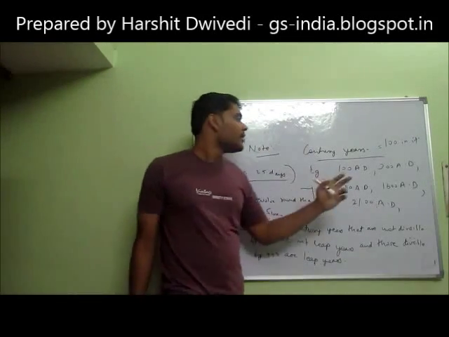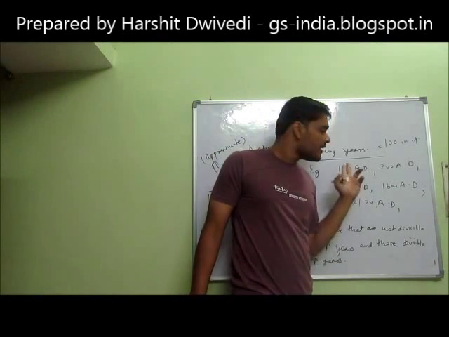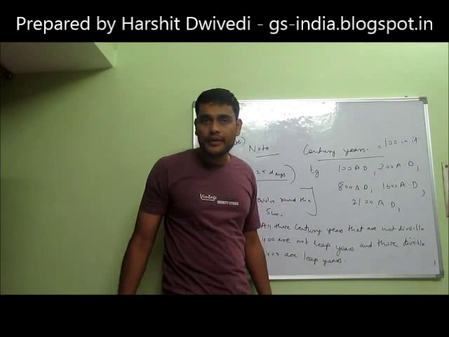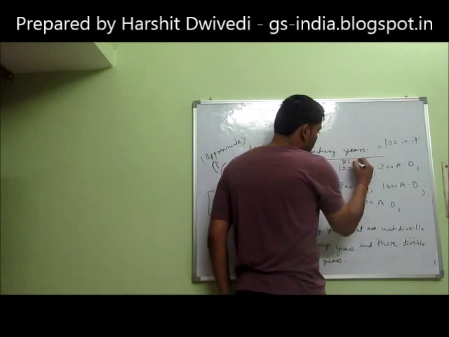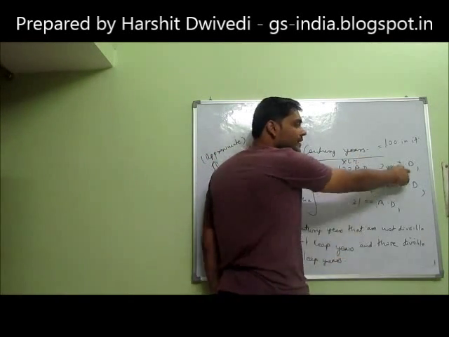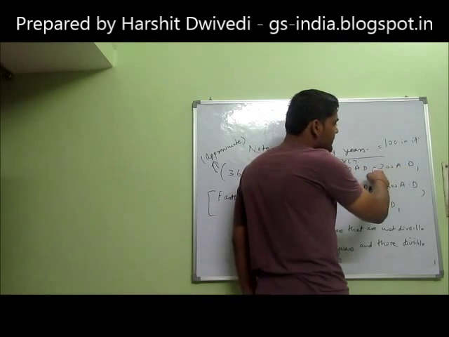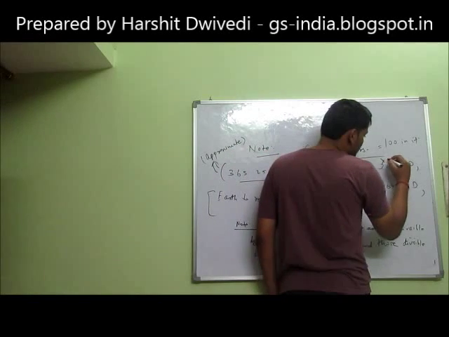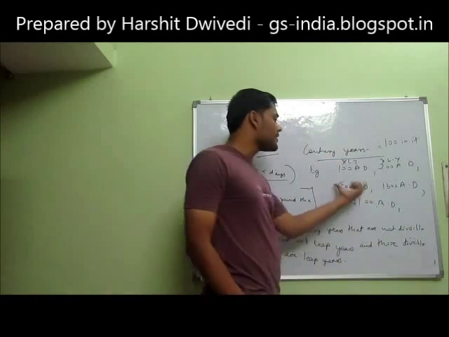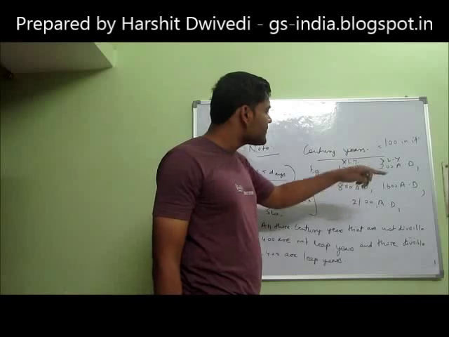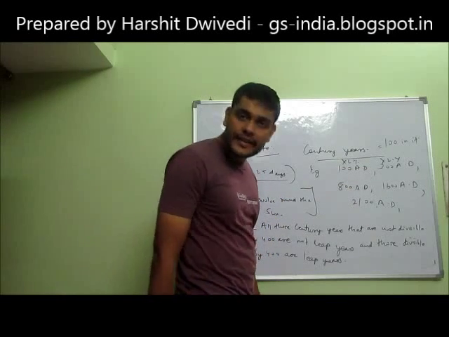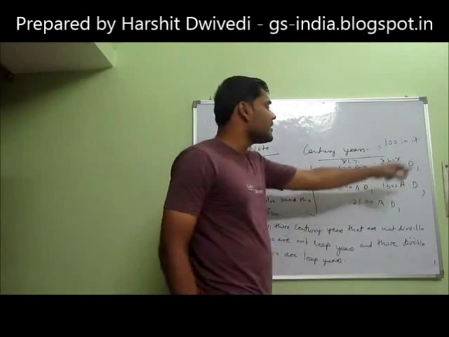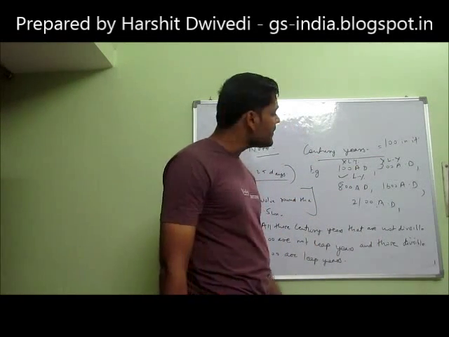Now come here, 100 AD. Is 100 divisible by 400? No. So 100 AD is not a leap year. 300 AD, a century year: is it divisible by 400? No, so it is not a leap year. Coming to 800 AD. Is it divisible by 400? Yes, so it is a leap year. 1600 AD: is it divisible by 400?